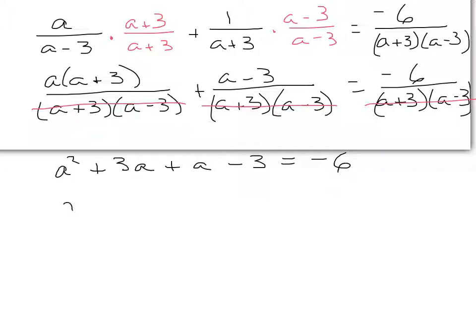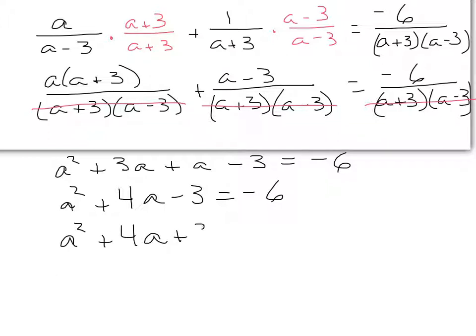And that gives us a squared plus 4a minus 3 equals minus 6. Adding 6 to both sides, a squared plus 4a minus 3 plus 6 is plus 3, and that gives us 0.